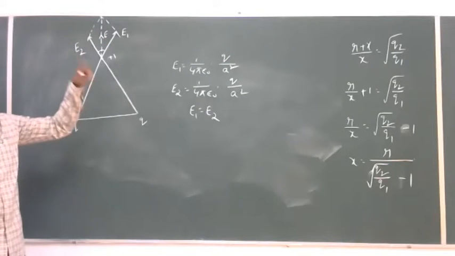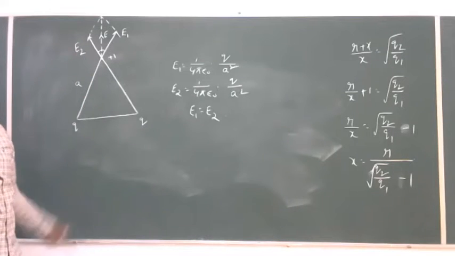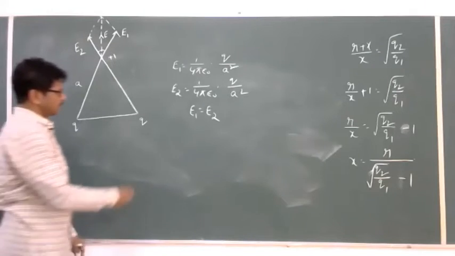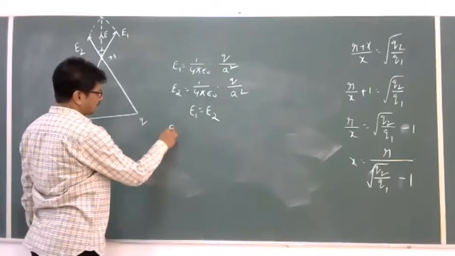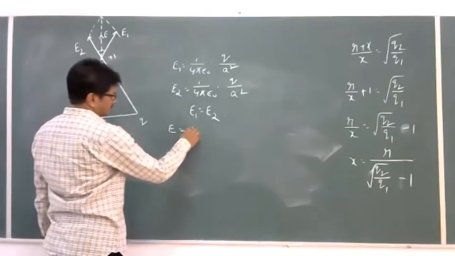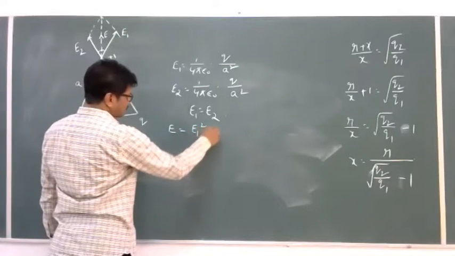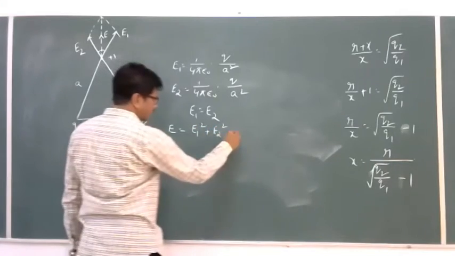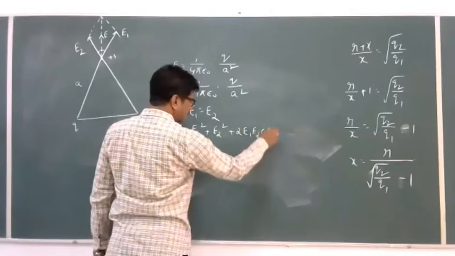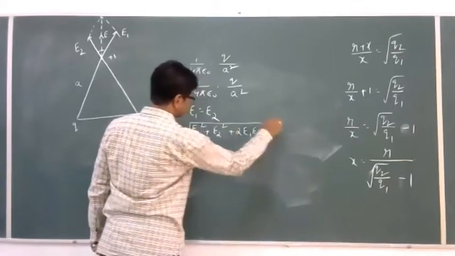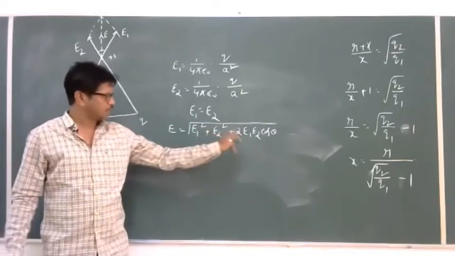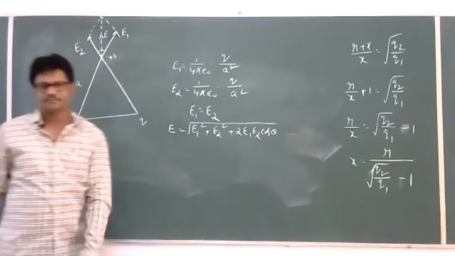So you need to apply the parallelogram law here. That is R is equal to square root of P square plus Q square plus 2PQ cos theta, our formula. So based on that, the resultant electric intensity E is equal to square root of E1 square plus E2 square plus 2E1 E2 cos theta.